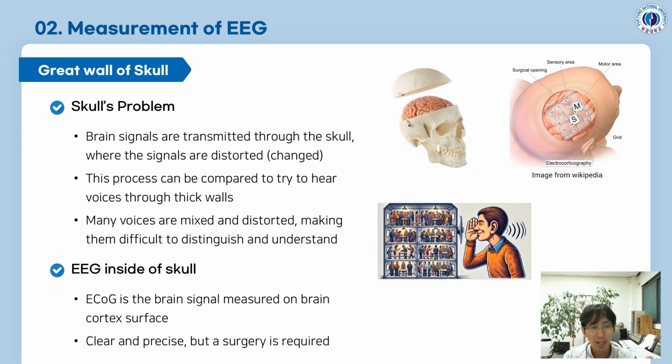Especially our brain signal is smaller than our heart signals and our muscle signals, etc. So it's in microvolt units. So these weak signals are easily corrupted and distorted by the skull.